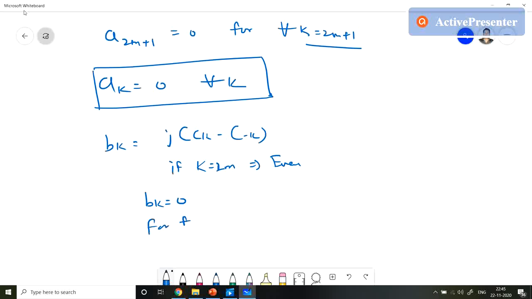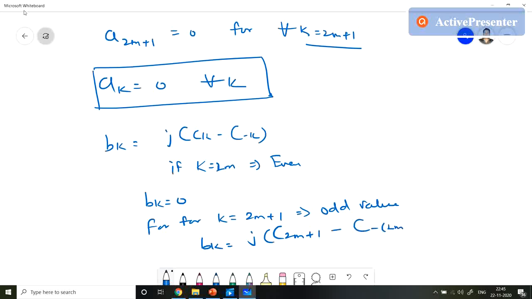And for k equal to 2m plus 1, that is odd value, b_k is equal to j (c of 2m plus 1 minus c of minus (2m plus 1)), that is equal to j times [1 divided by j pi (2m plus 1) minus 1 divided by minus j pi (2m plus 1)].